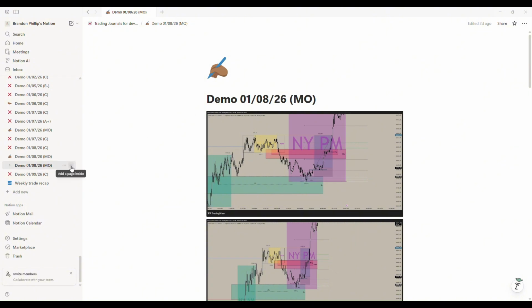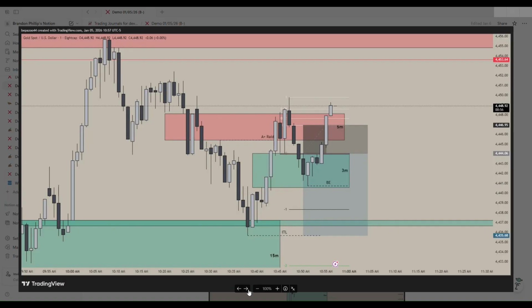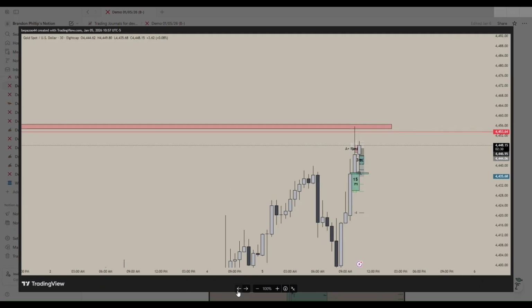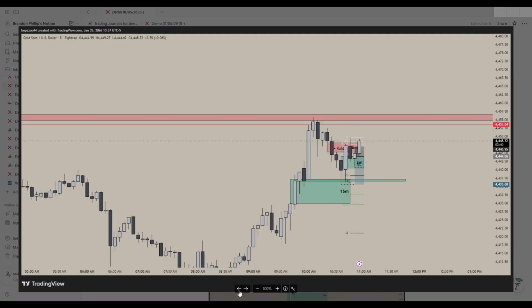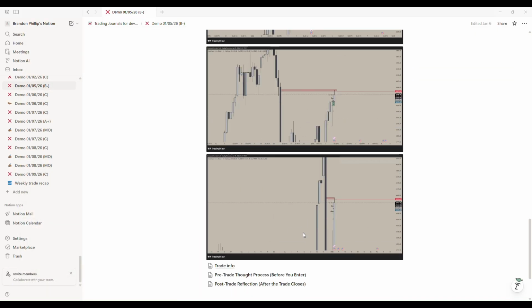Let me even show the trades that I missed last week. The ones I took that were bad ones, let me just show you real quick. This one, I took a sell.